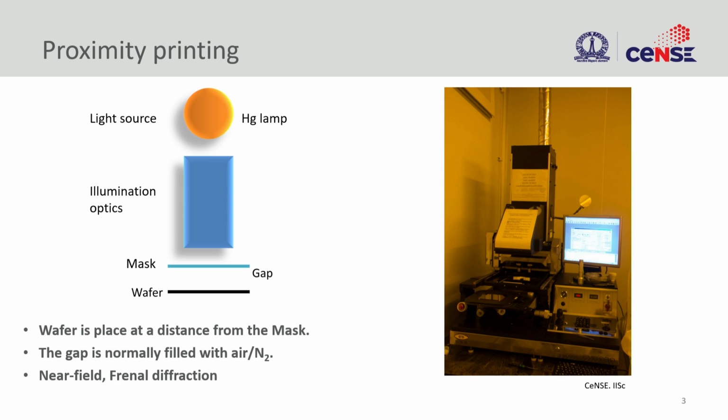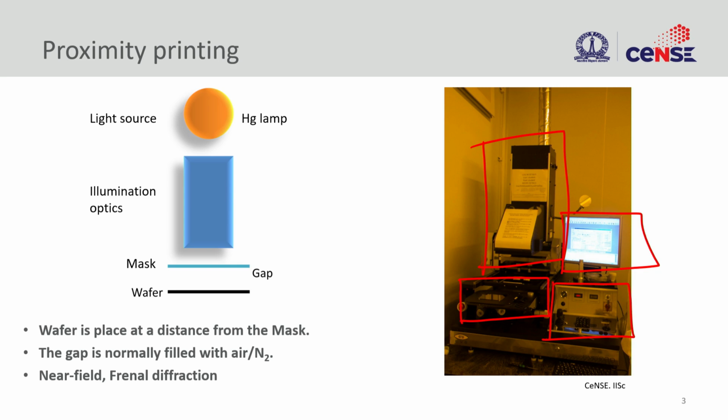You have the tower that has all the optics that is required, and here you see the wafer stage and the mask stage, and here we see the control, and here we have the monitor to see all the process parameters. The light source and the illuminating optics are located in the tower that we saw. The mask and the wafer are located underneath.